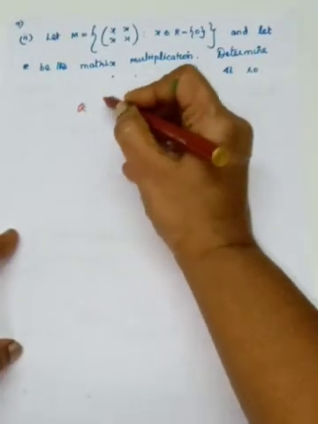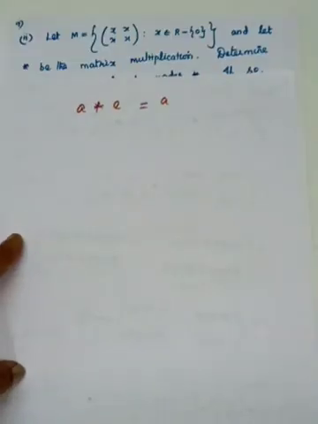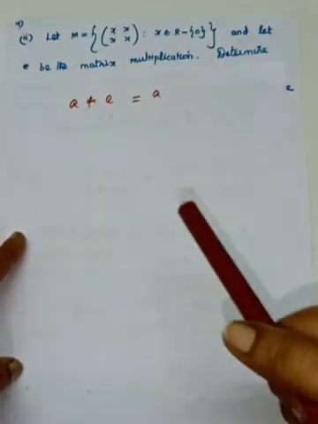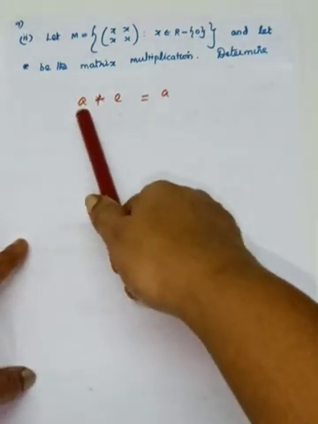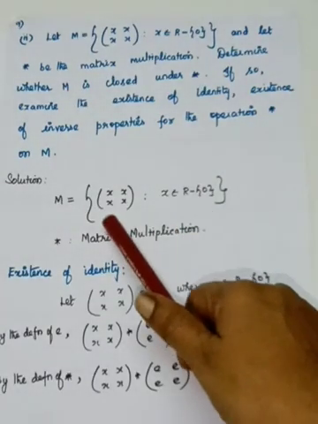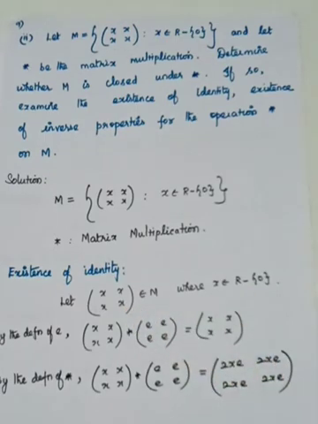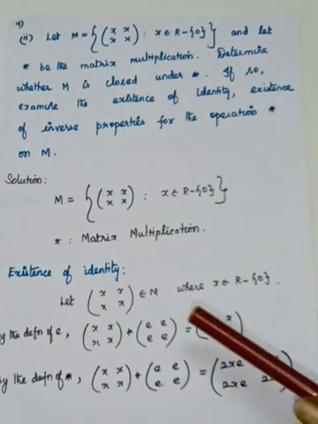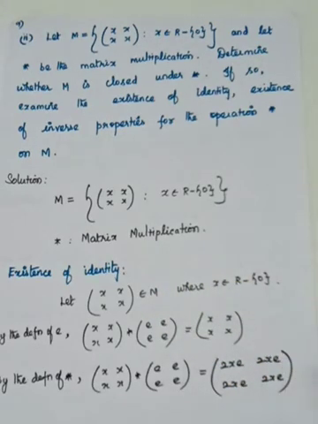If you consider any element A, A asterisk E is equal to A; otherwise if you interchange, E asterisk A is equal to A. Here the elements are in the form of a matrix. So first you have to take one element, x, x, x, x, a 2 by 2 matrix that belongs to M, where x is a non-zero real number.